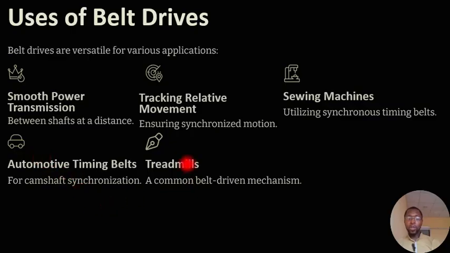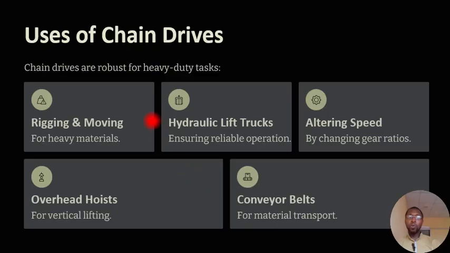And we can also see the belt drive at play in treadmills. So when you go to treadmills, you'll find out that the belt drive is being used in running the machine. All right. So these are some of the uses of the belt drive that we have.